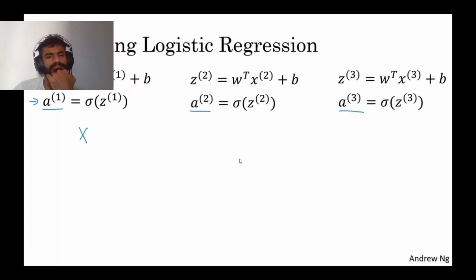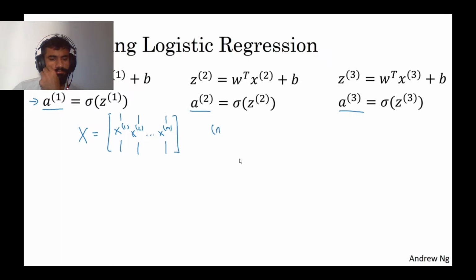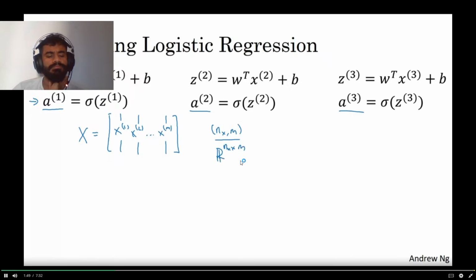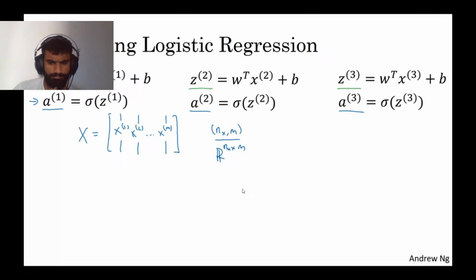First, remember that we defined the matrix capital X to be your training inputs, stacked together in different columns like this. So this is a matrix that is an nx by m matrix. I'm writing this as a Python NumPy shape, but this just means that X is an nx by m dimensional matrix. Now, the first thing I want to do is show how you can compute z1, z2, z3, and so on, all in one step, in fact, with one line of code.